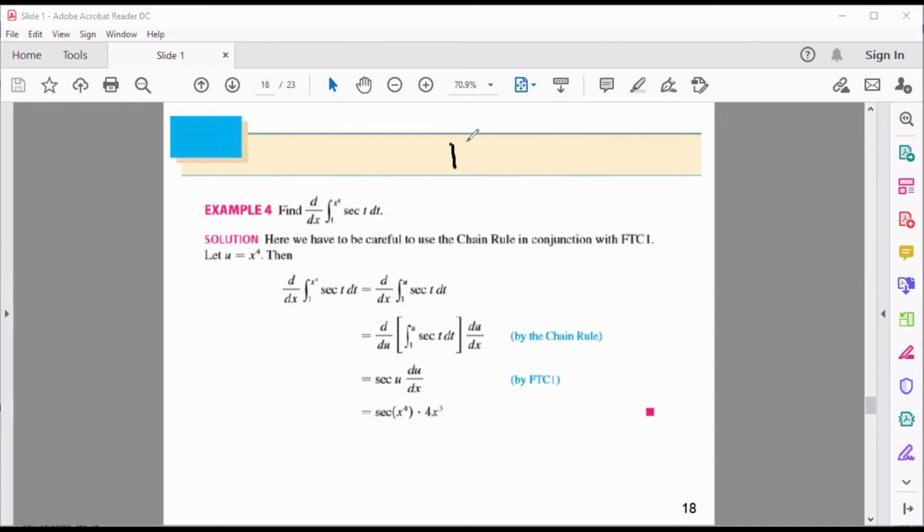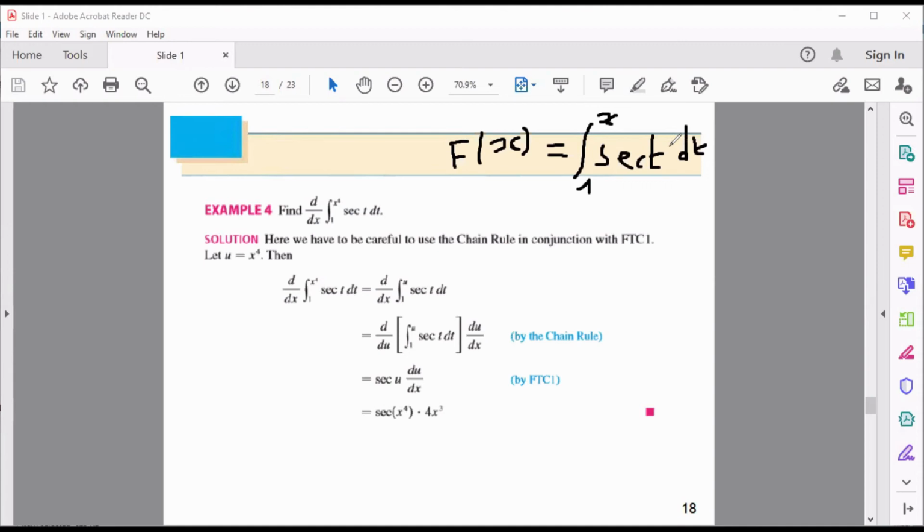Let capital F of x be equal to the integral between 1 and x of sec t dt. What can I see? If this integral is equal to sec t dt.